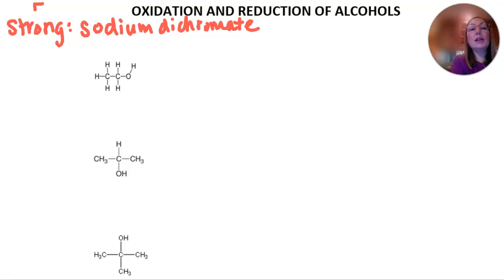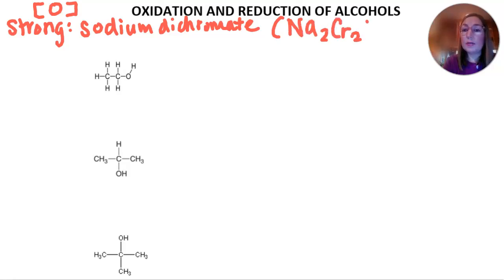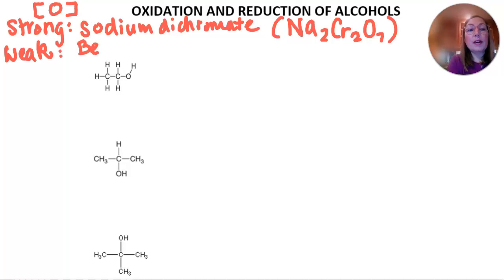By the way, sometimes we indicate an oxidizing agent with brackets and an O, telling you that we're going to use some sort of oxidizing agent. And our sodium dichromate's formula is just Na2Cr2O7.